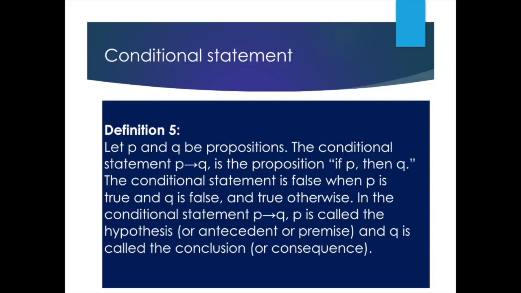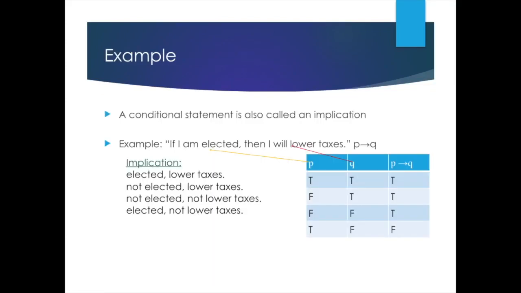So always, if you want to have a true conclusion, the hypothesis should be true. Sometimes the hypothesis would propose something and the conclusion is still true. I will explain this in the following example. A conditional statement is also called an implication.